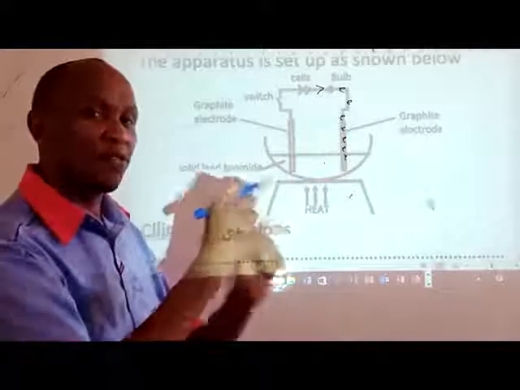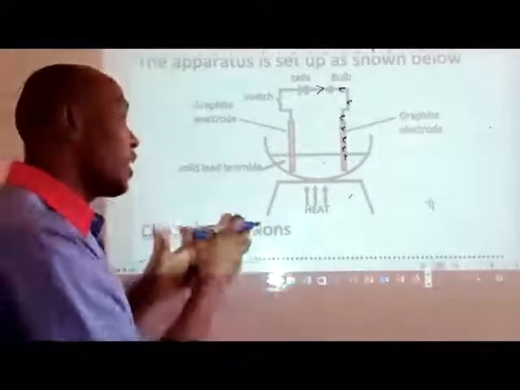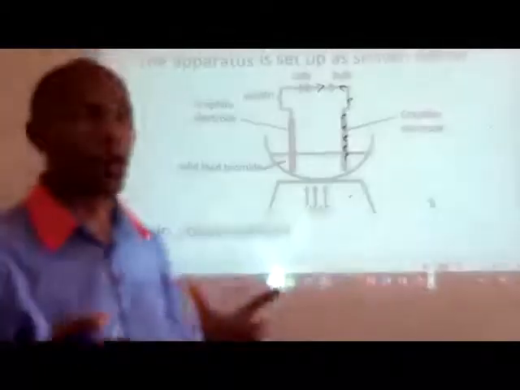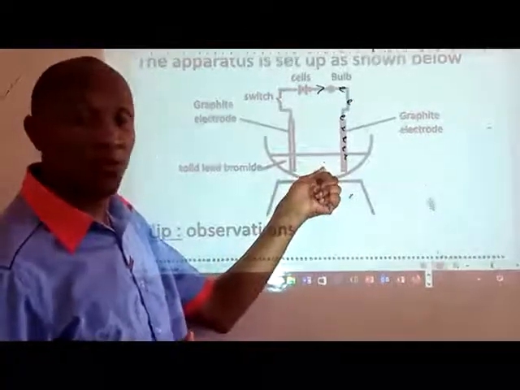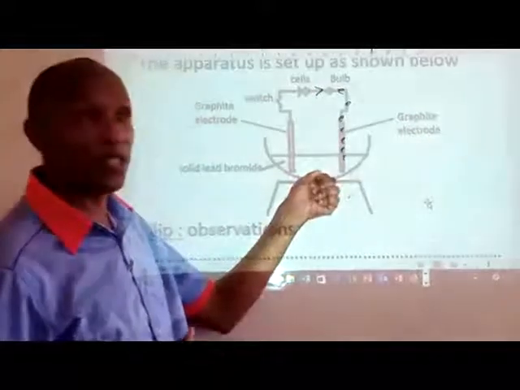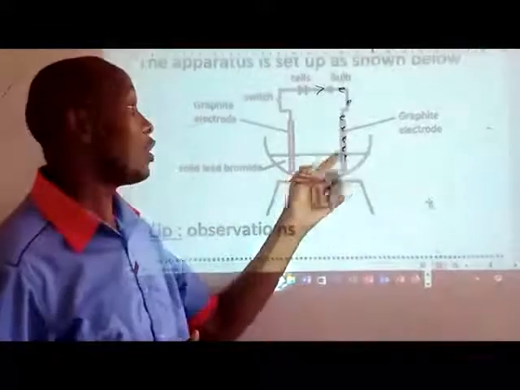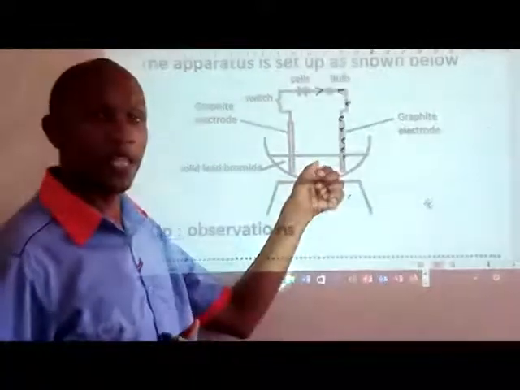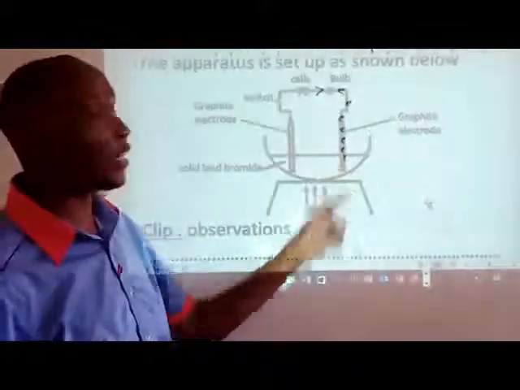So we don't have delocalized electrons. They belong to lead, they belong to the bromide. So the electrons cannot move out. Here we don't have electrons that are free, so they cannot get out there. So they will accumulate on that rod.